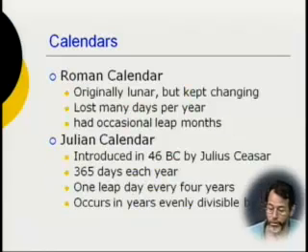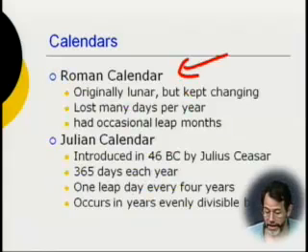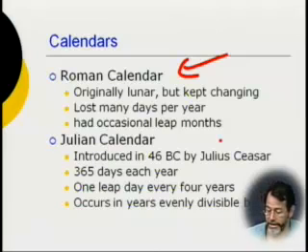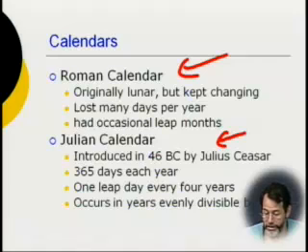Originally, the Roman calendar was a lunar calendar, and it lost many days a year, although it had an occasional leap month. So if you lived thousands of years ago, you wouldn't have this current calendar. You'd have the Roman calendar, and occasionally the Roman emperor would declare a leap month. How about that? Then the Julian calendar: in Roman times, Julius Caesar decreed in 46 BC that there are 365 days each year, and one leap day every 4 years, and then there was a much better calendar.